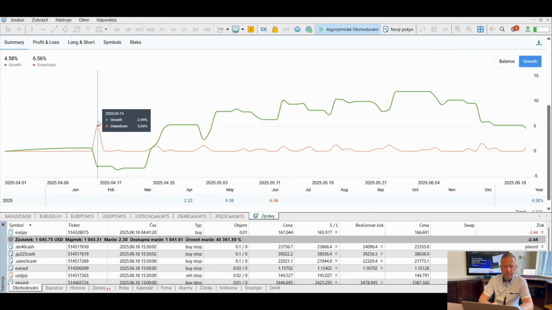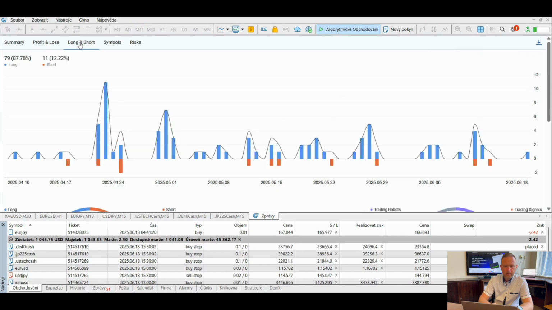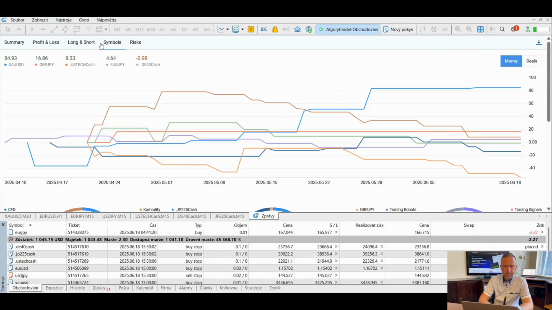As for the breakdown of individual symbols we have here in the portfolio, gold. This had an impact on the portfolio of plus 8.4%.